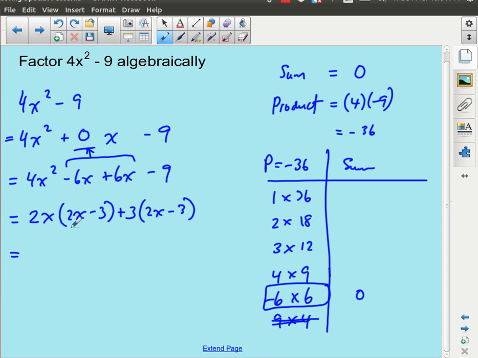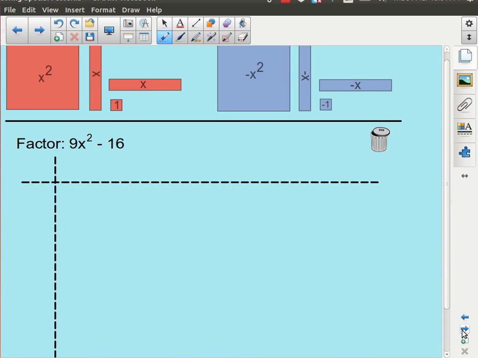Now I have a common factor of 2x minus 3. And what's left behind is a 2x plus 3. And this is the same pattern we saw when we did it with algebra tiles. I think I'm going to skip past this next one. It's just more of the same.